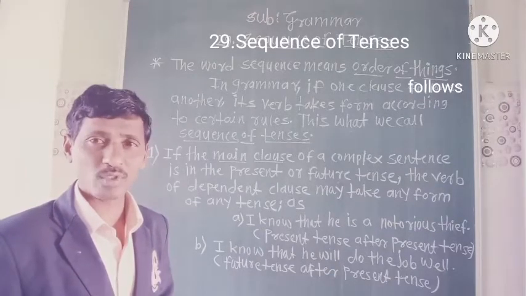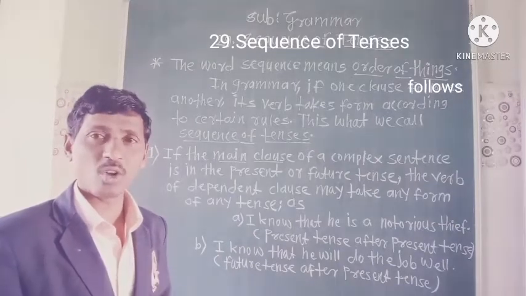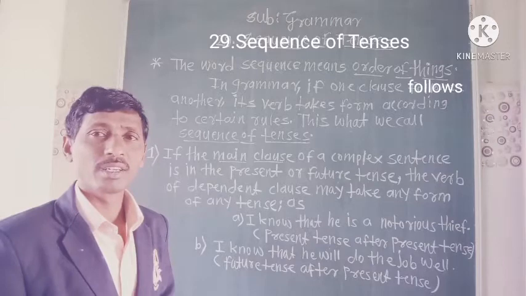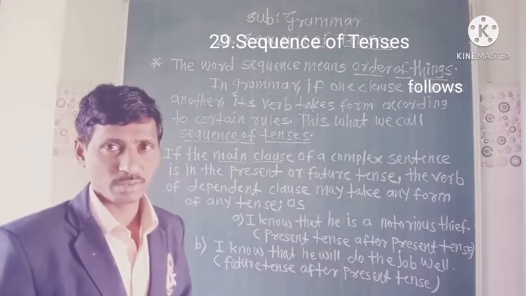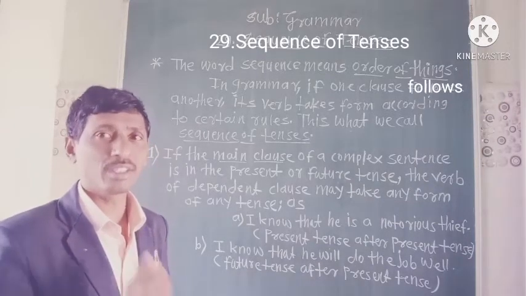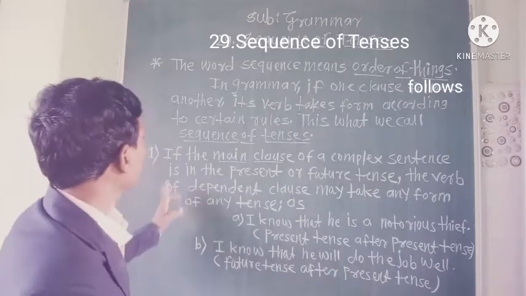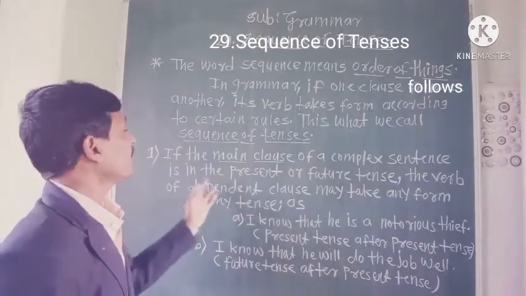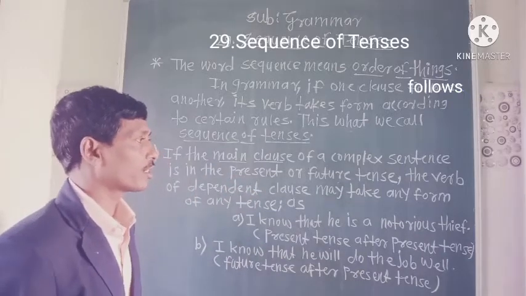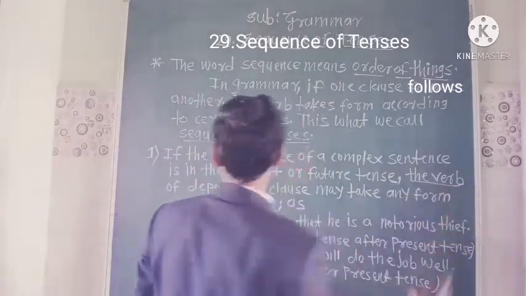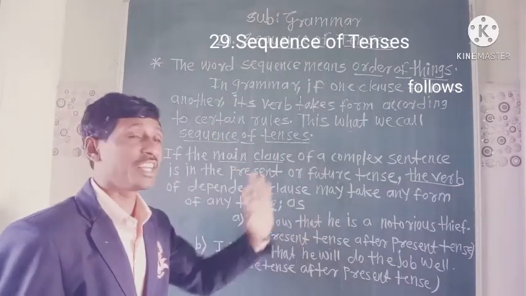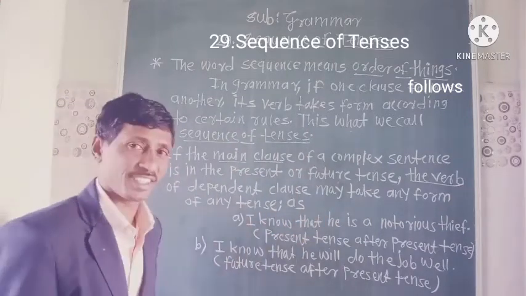There are two types of clauses: principal clause or main clause, and subordinate clause, that is dependent clause. So when the complex sentence is in the present or future tense, the verb of the dependent clause may take any form of any tense.